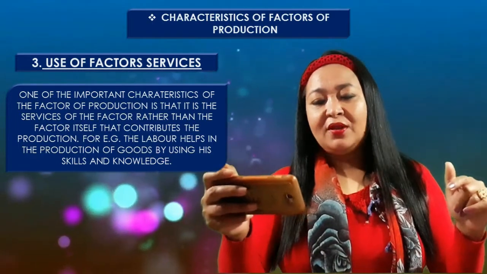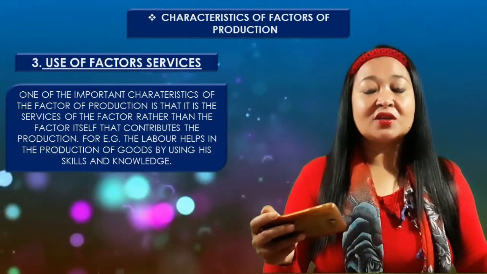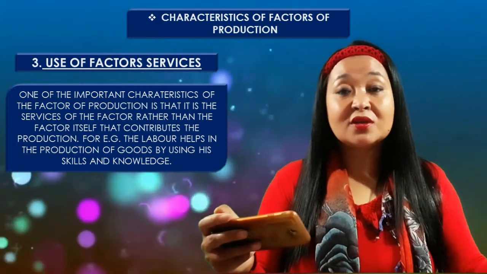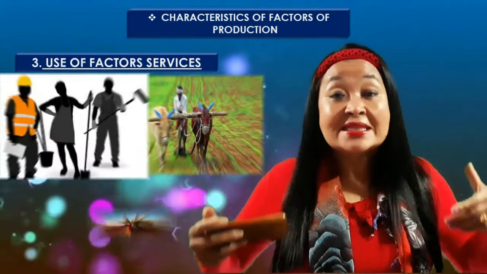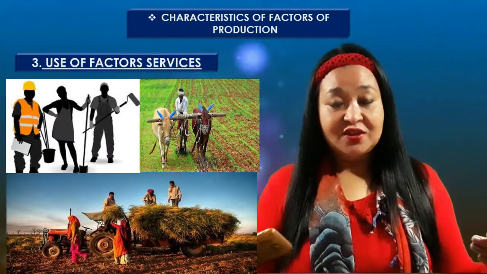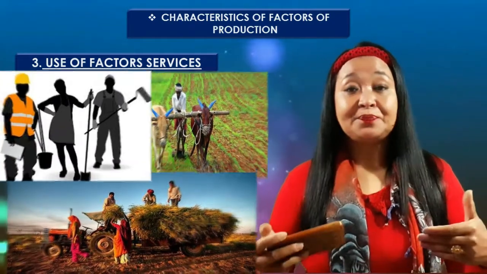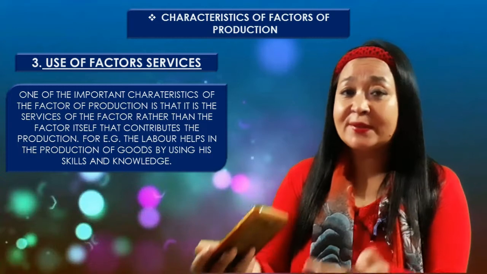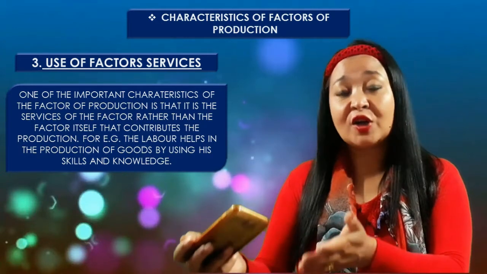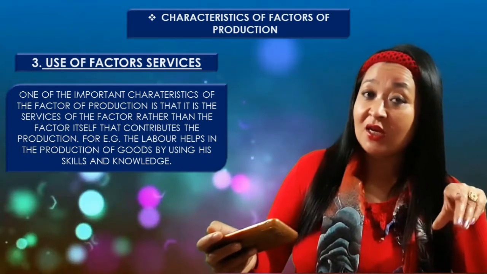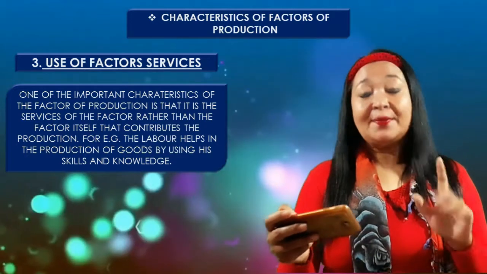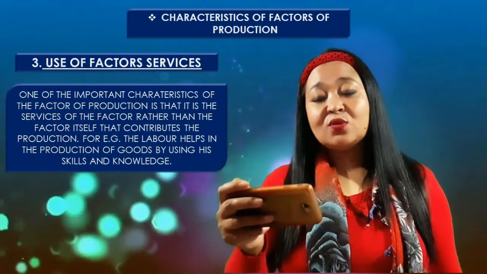For example, labor helps in the production by making use of his skill and knowledge. So his services help in the production of a commodity or goods, but not the factor itself.